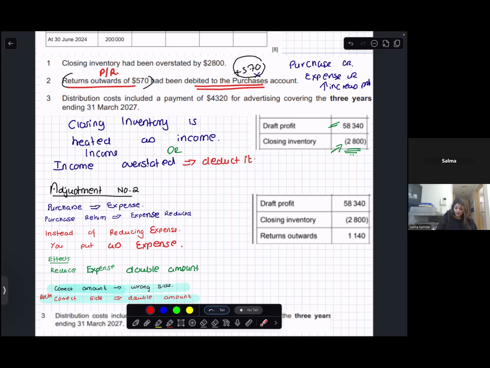For giving the actual treatment, I would again add 570. So this 570 is added to rectify the wrong that you did, and the other 570 is the one that you actually had to do, but you did not do.